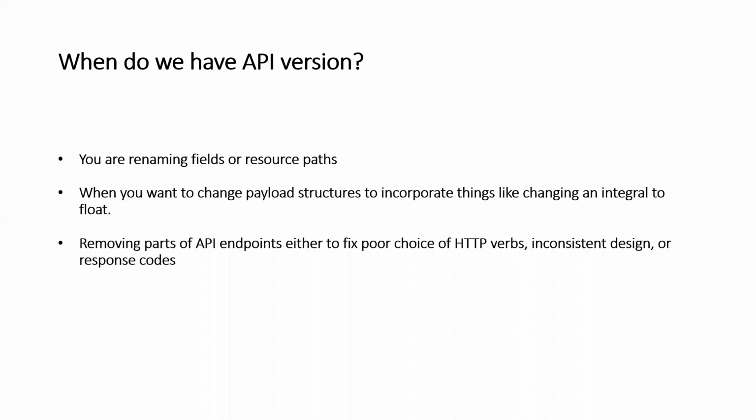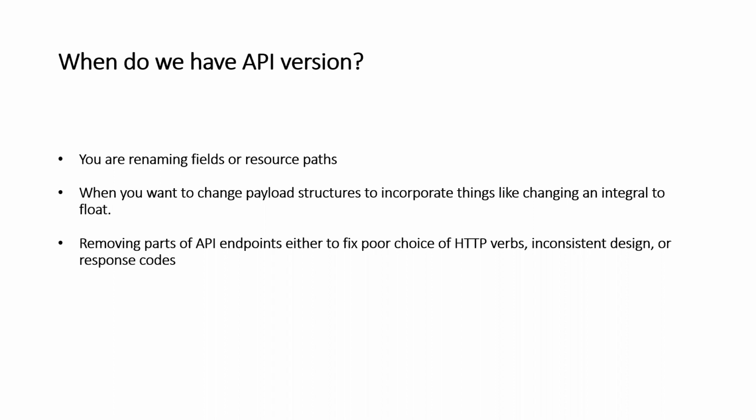Second, when you want to change payload structures, such as changing an integer to a float. That means if you want to change the structure of your payload inputs, you have to mention an API version. And third, removing parts of API endpoints, either to fix a poor choice of HTTP verbs, inconsistent design, or response codes.